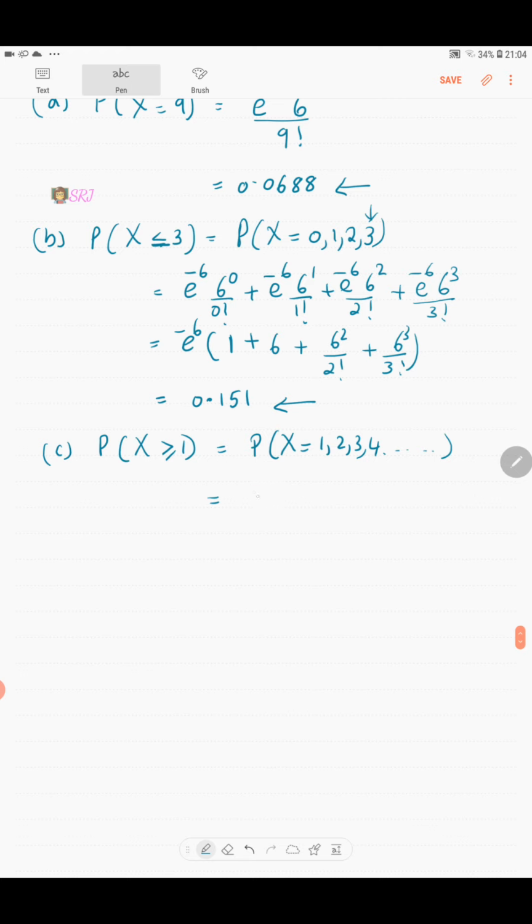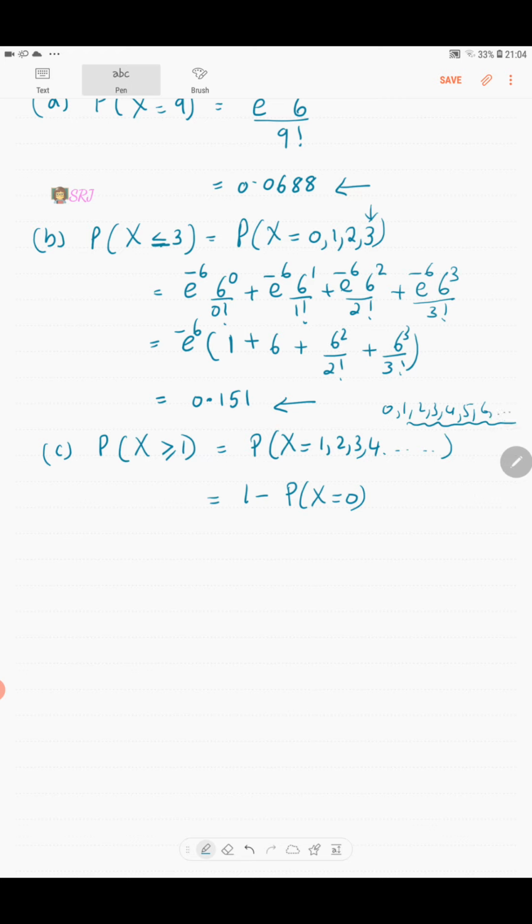So we have 1 minus probability X is equal to 0, because otherwise we have to calculate all these probabilities.